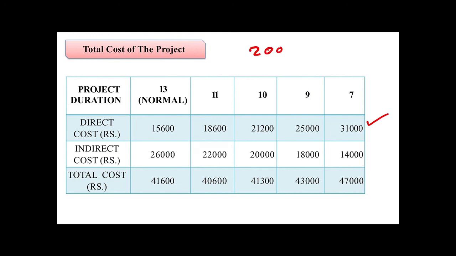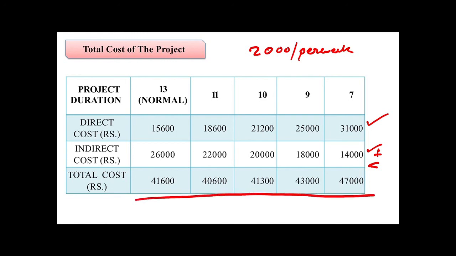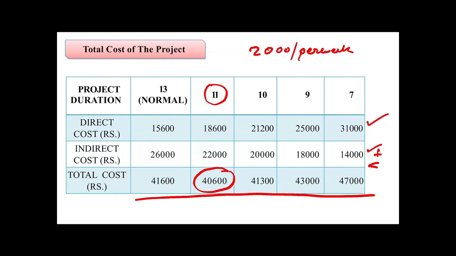Now what is indirect cost? As given earlier, the indirect cost is 2000 per week. So 2000 per week into duration gives the indirect cost, like 13 into 2, 11 into 2, likewise. By adding both costs, we get the total cost. As you can see over here, the minimum is the cost associated with the 11 week duration.